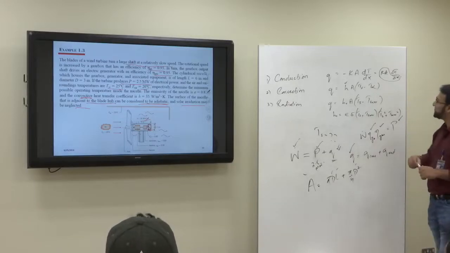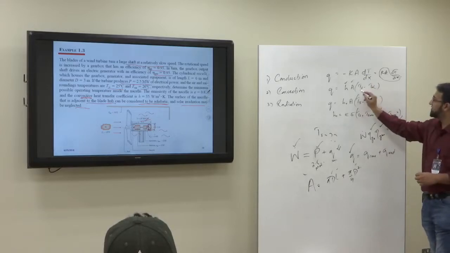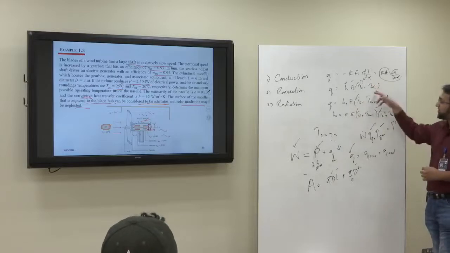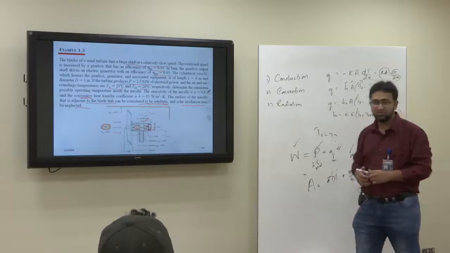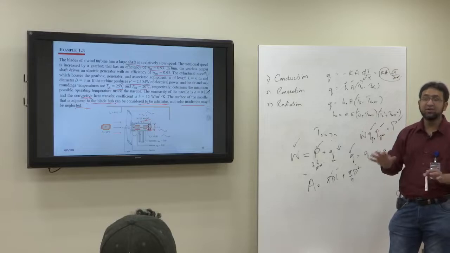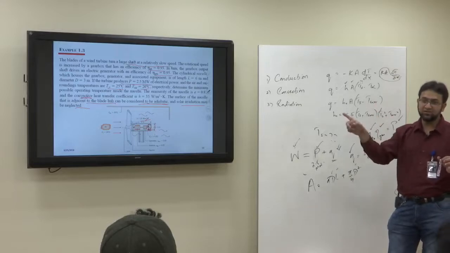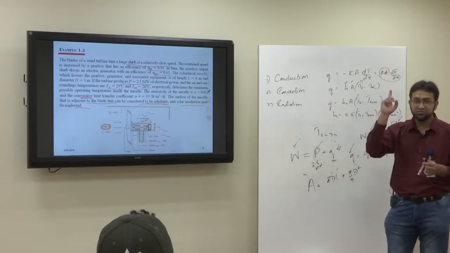Okay, so we know this area, right? Now, T surface is something we need to find. T infinity is given, 25 degrees centigrade. Don't mix here, okay? Many times T infinity and T surrounding are the same, but if they are different, then it is provided. So here it is different. T infinity is the temperature of the air.